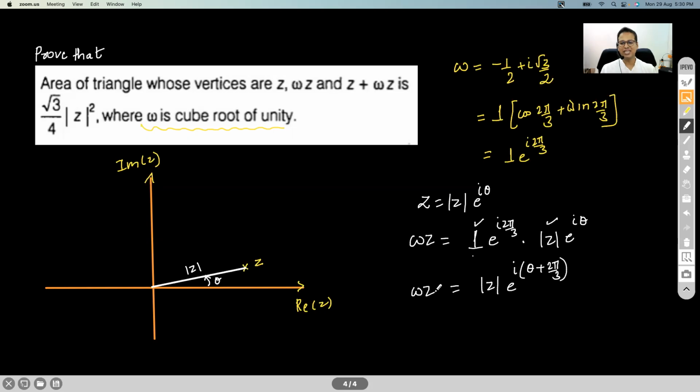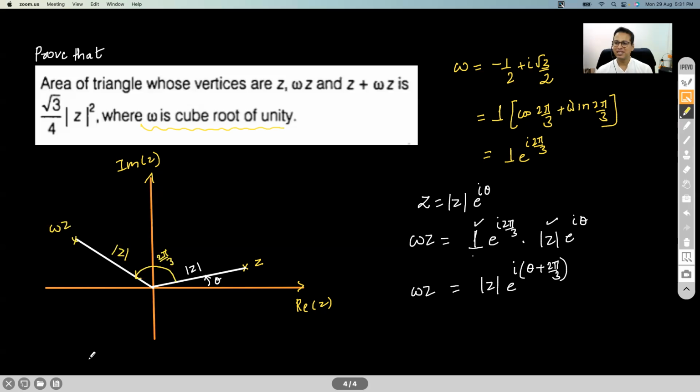So what does it mean? It means omega z is located at the very same distance from the origin. That means this length is same as this length. So this is also mod z. But now this angle is further more by 2 pi by 3 or 120 degrees, isn't it?